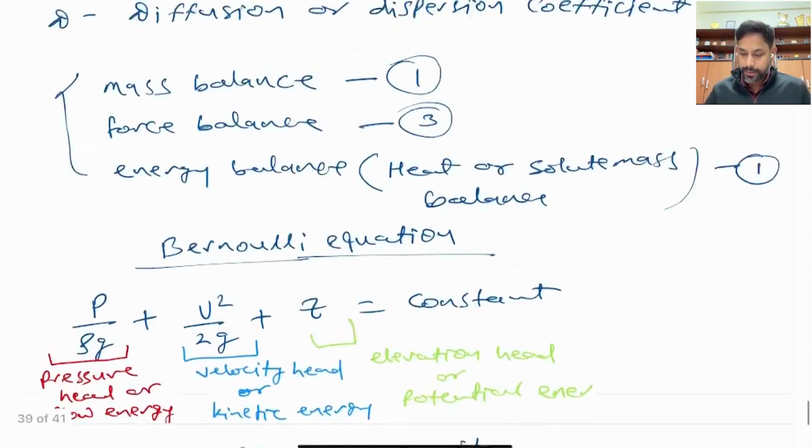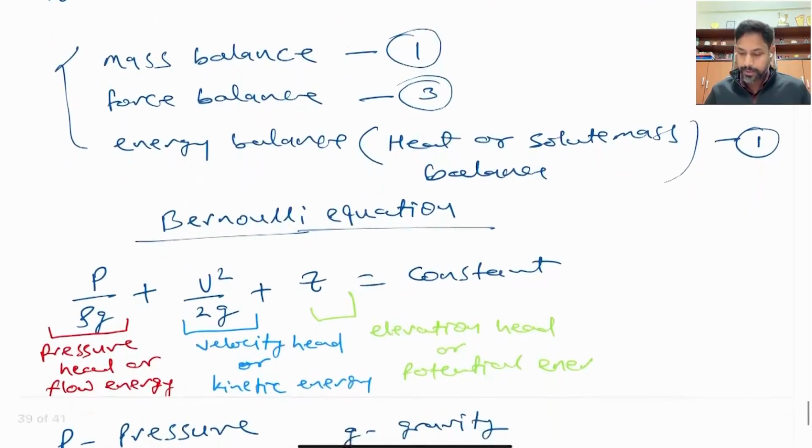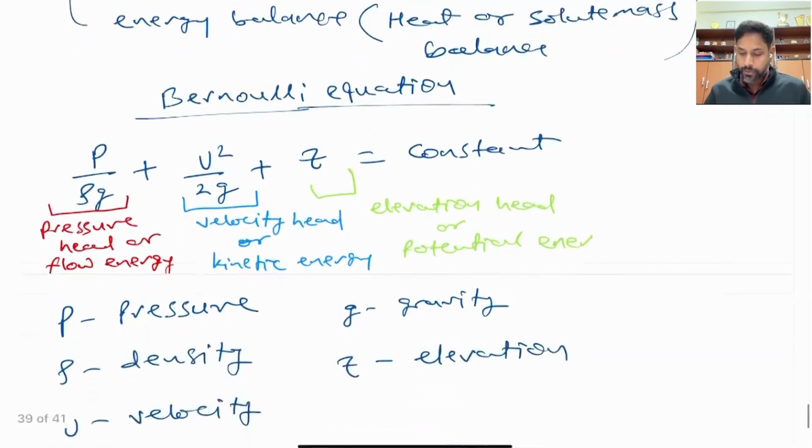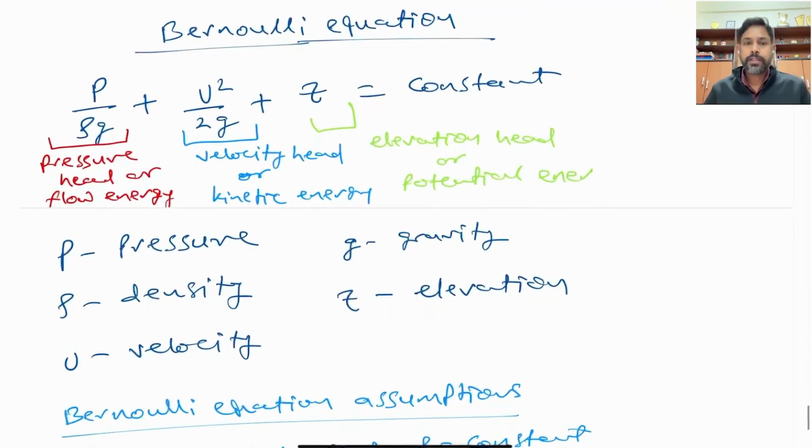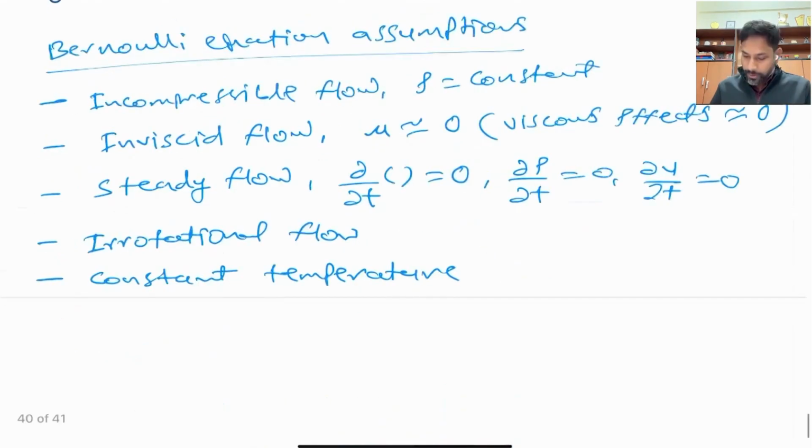We have already seen mass balance, force balance, and energy balance. So Bernoulli equation is a form of energy balance, but for a given set of conditions. In a normal fluid flow, you cannot consider this equation to be balancing energy, because this works only when certain conditions are satisfied.